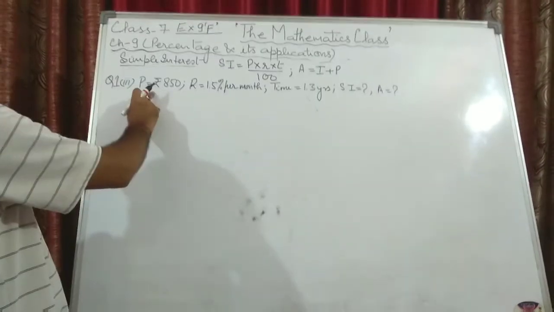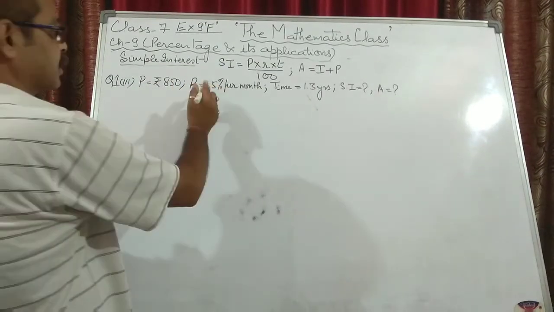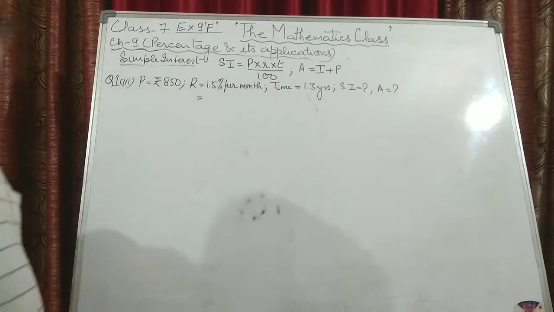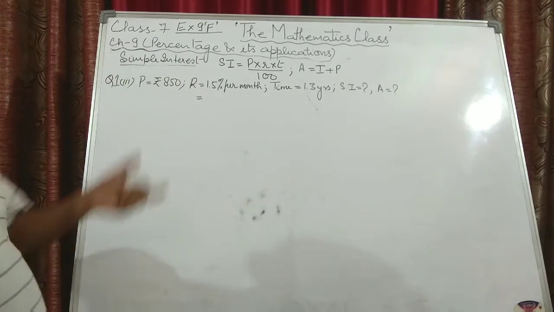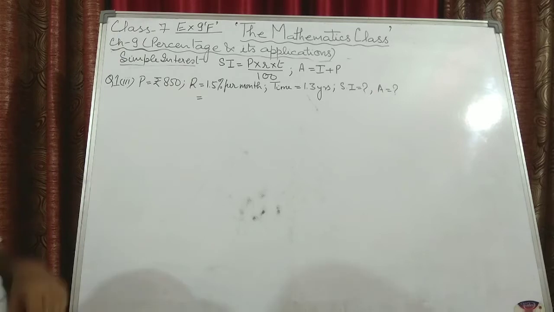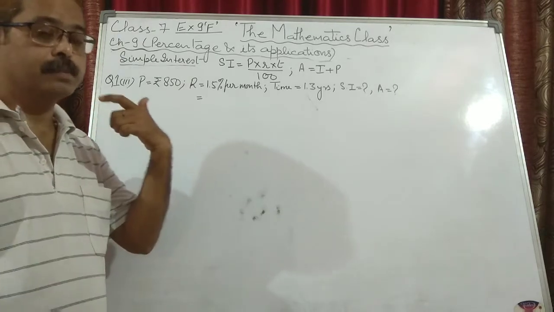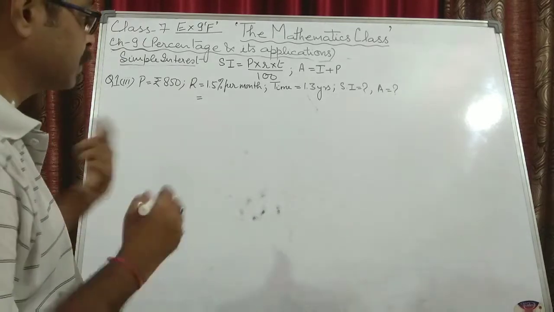When principal is 850, rate is 1.5% per month. It means in 1 month they are charging 1.5%. We always calculate rate on a per annum basis, or per year basis.